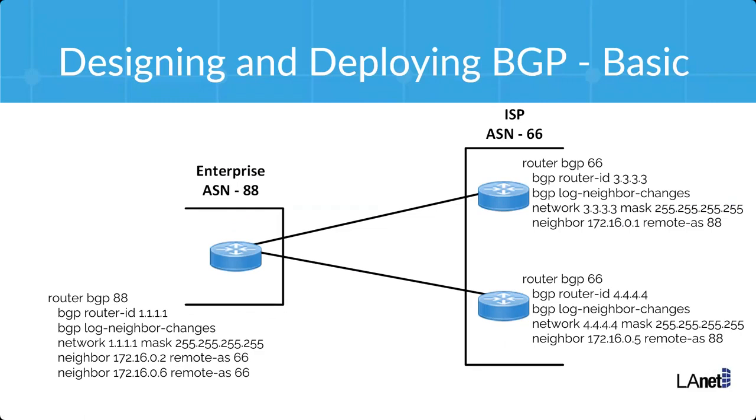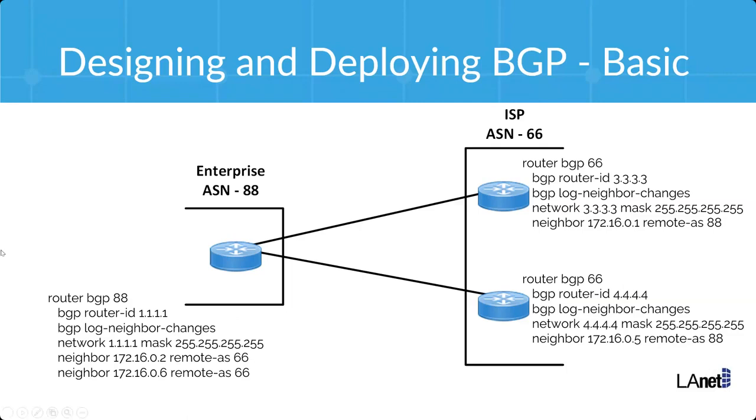However, if my ISP's router A fails, I'm still up and working because their router B is still up. And if the link between my router and router A fails, I'm still good because I still have a path through router B, right? So this adds a little more redundancy. You can see it's all still pretty simple.